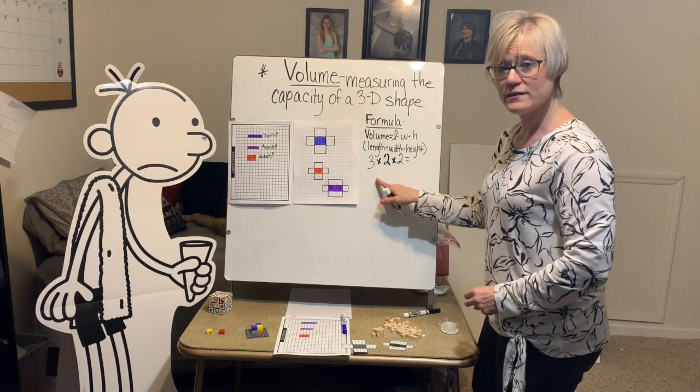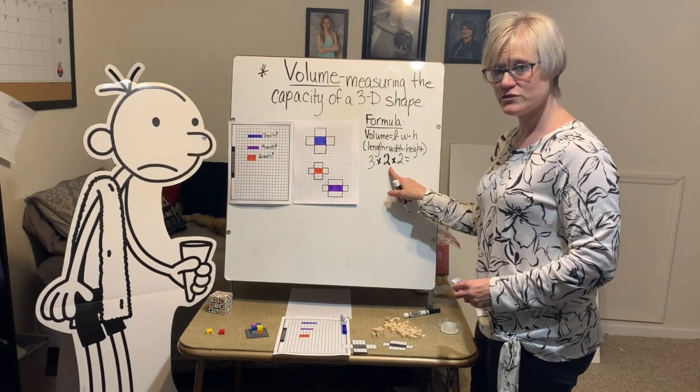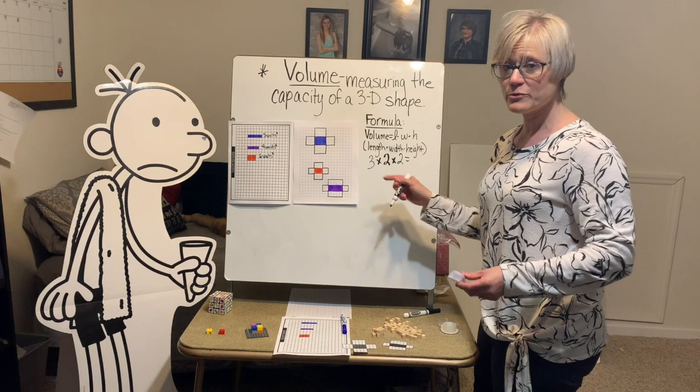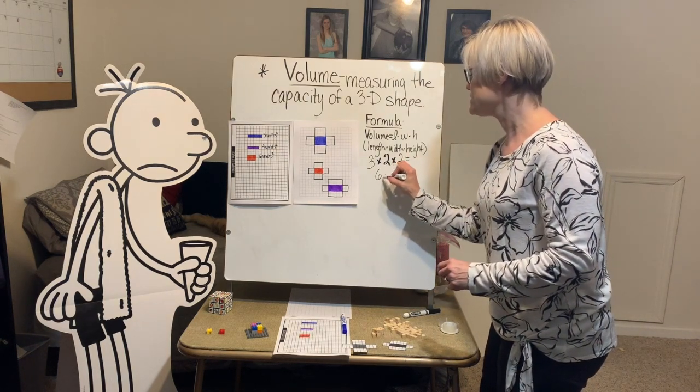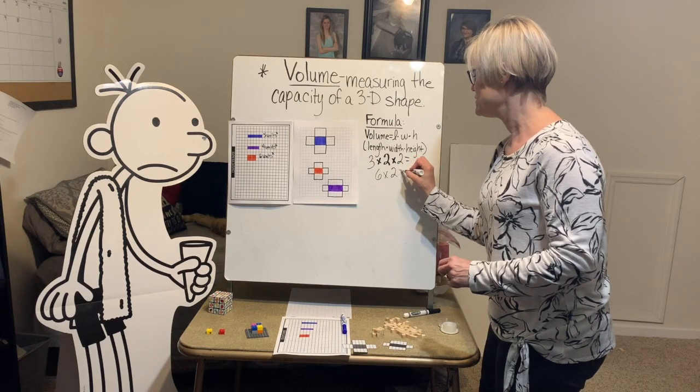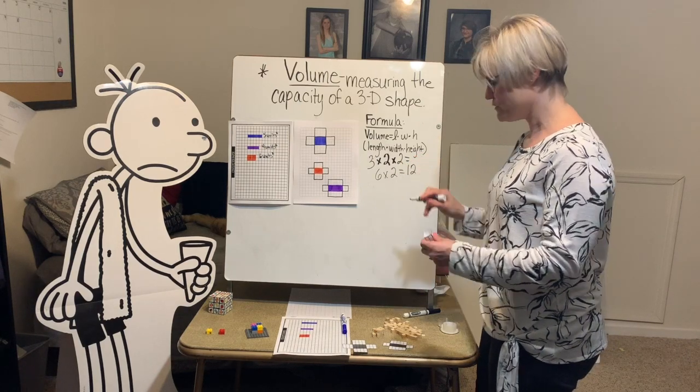So when I multiply this, I'm going to go ahead and multiply the first two numbers first. Orders of operation, you go from left to right, just like you would read. So we've got 6 times 2, which gives me 12.